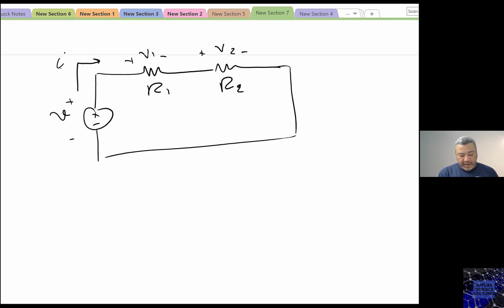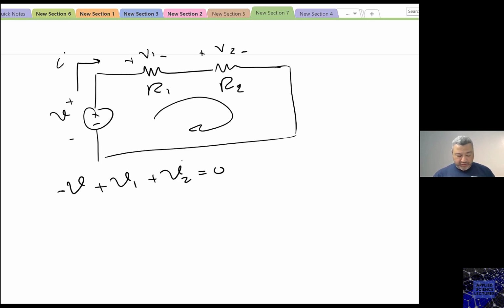So again, back to the KVL thing. If you write the KVL, you are going to get V minus V plus V1 plus V2 equals to 0. Then if you want to find V1, then V1 would be V minus V2, right?